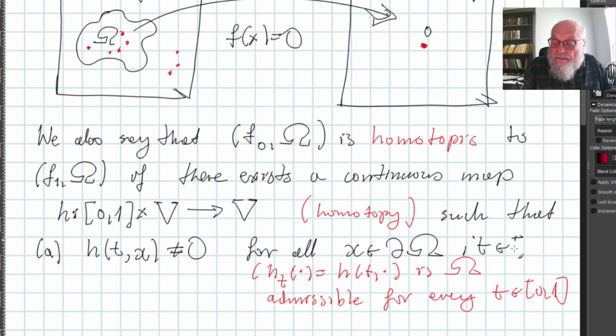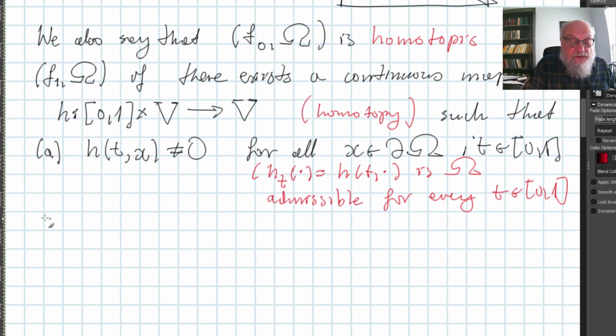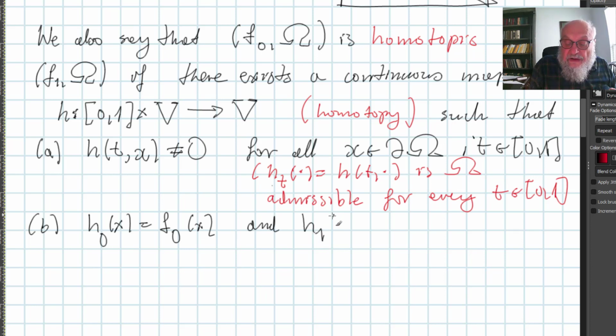And then the second condition, B, in this case I'm using this notation, that H(0, x) is equal to f0(x), and H(1, x) is equal to f1(x) for every x belonging to V.